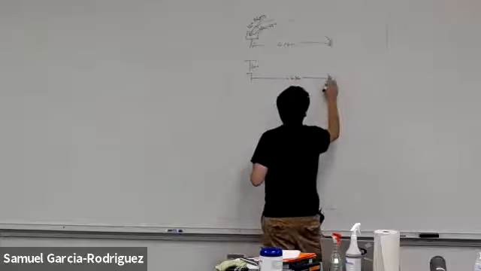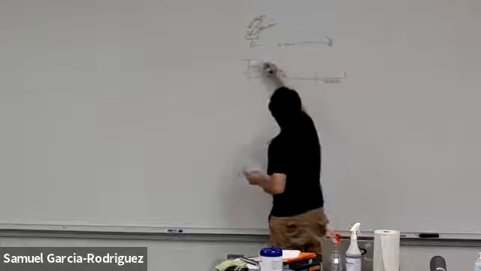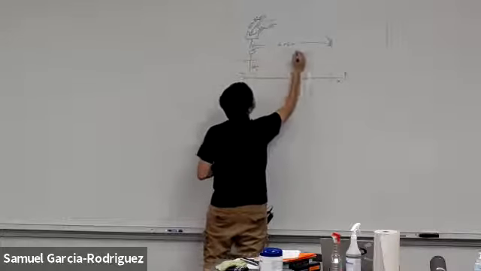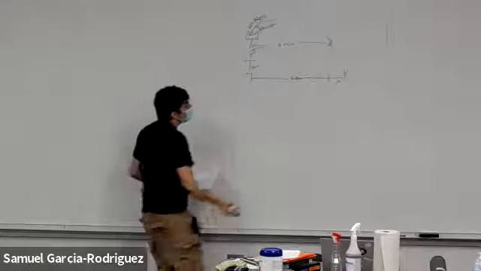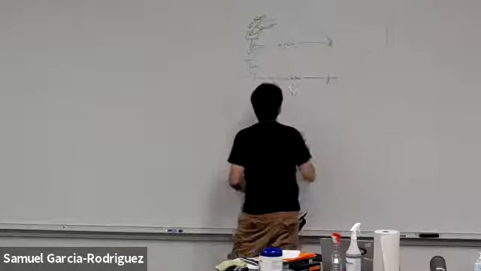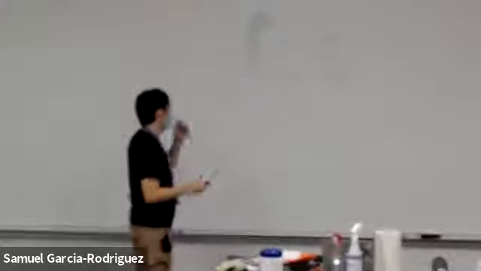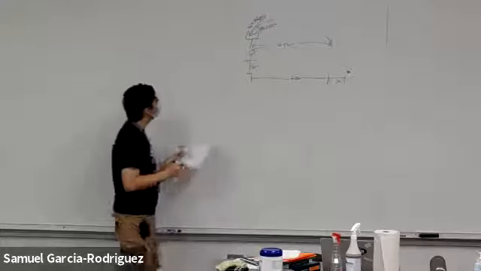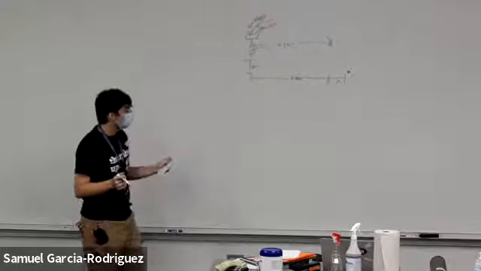Make that the same length. But now, there's just some x that we don't know. We're solving for this arbitrary distance. Arbitrary may not have been the right word, but I'm tired. So, what does one do?